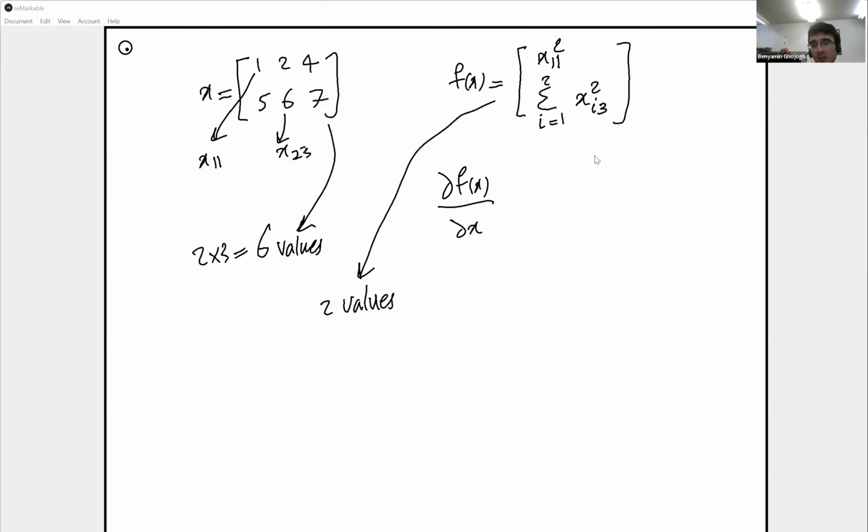But we don't want to vectorize it. We don't want to represent it as a vector. We want to have it in matrix format. So we know rows are for these, columns are for this, right? So the dimensionality of this will be what? Can someone tell me?